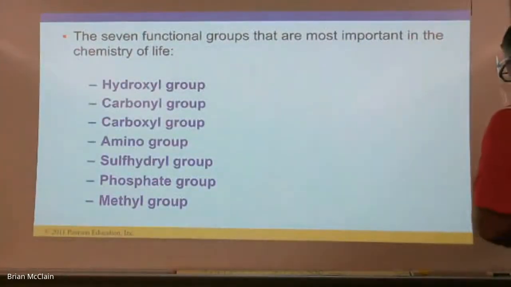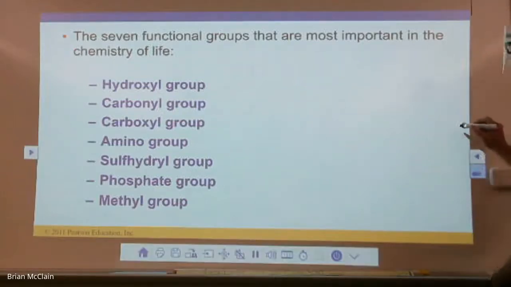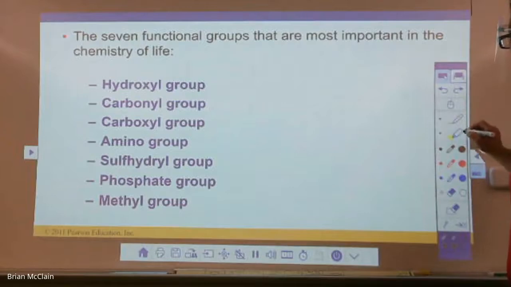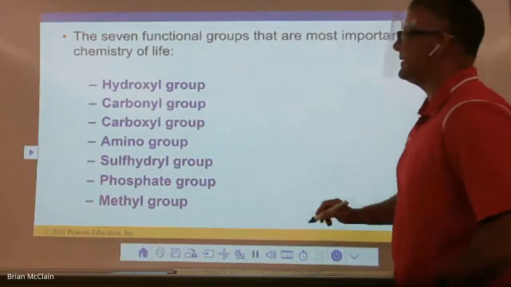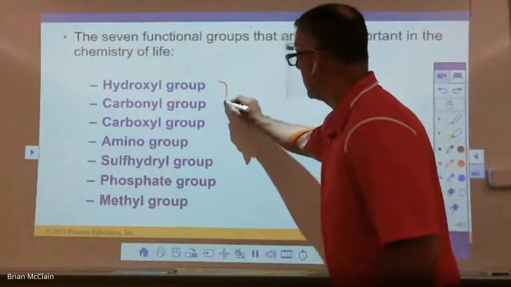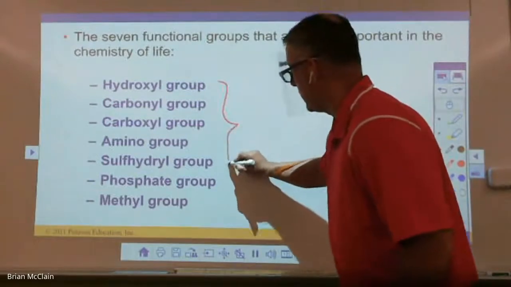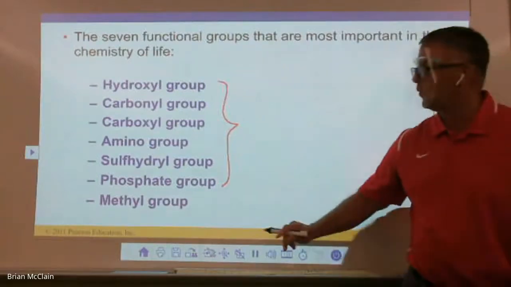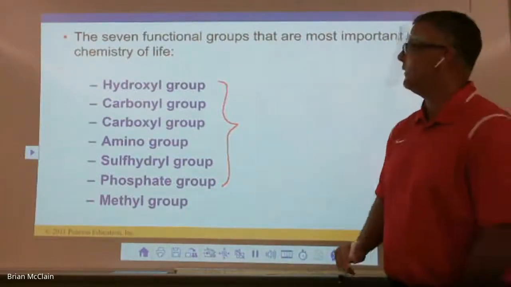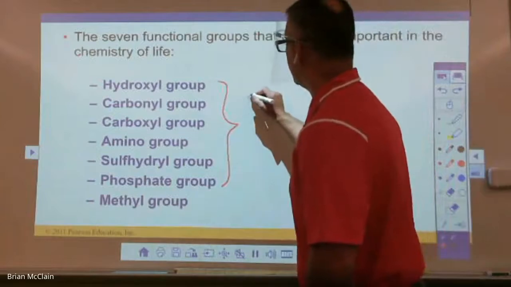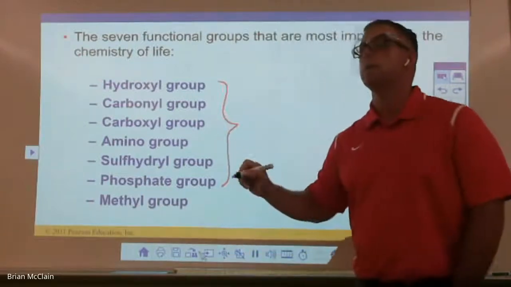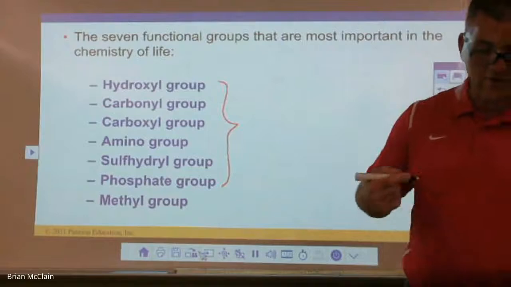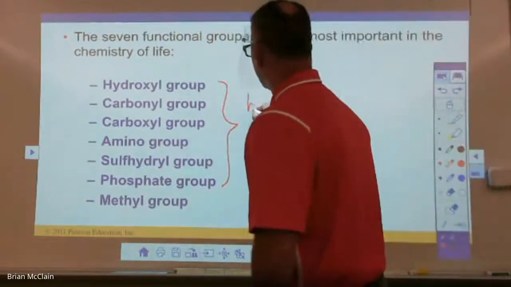And as a quick note that I'll put down here before we move into this, what we're going to find is that out of this grouping, this portion right here, basically all with the exception of the methyl group, these are all going to increase the solubility in water. Okay, so we can just say that these are going to be hydrophilic.